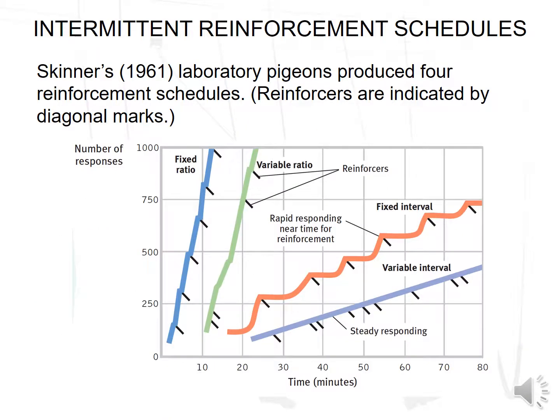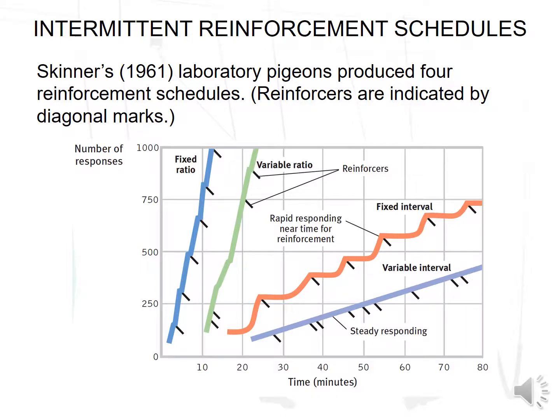If we look at this chart from Skinner's laboratory pigeons, there are 4 different reinforcement schedules. We have the blue line on the left with fixed ratio, and you can see the black lines, the little lines, are the reinforcers. You have a variable ratio, which is the green line, and you can see the black lines are not quite evenly spaced out versus fixed ratio.